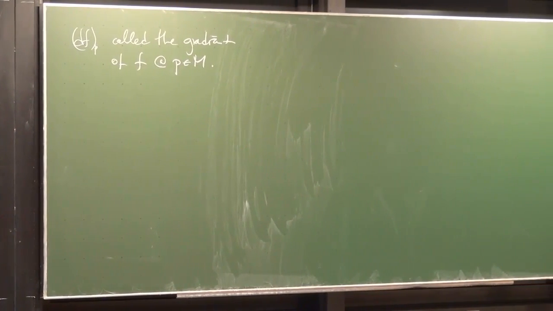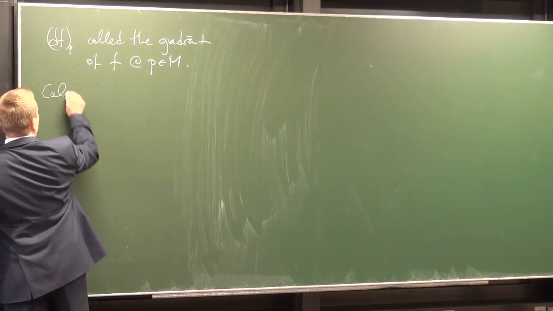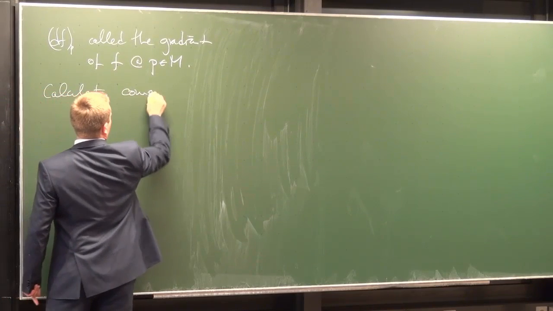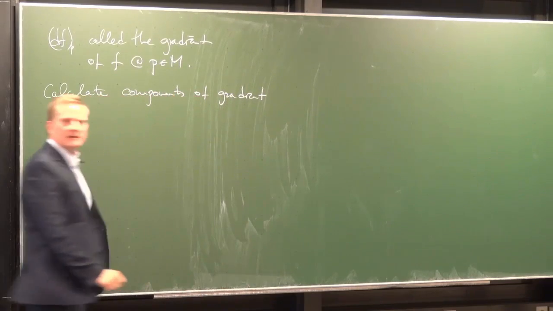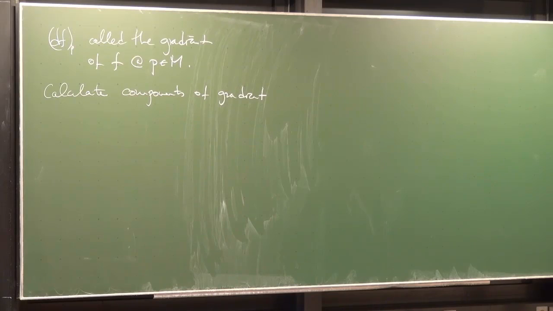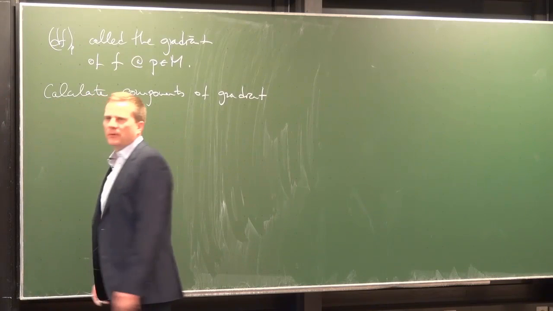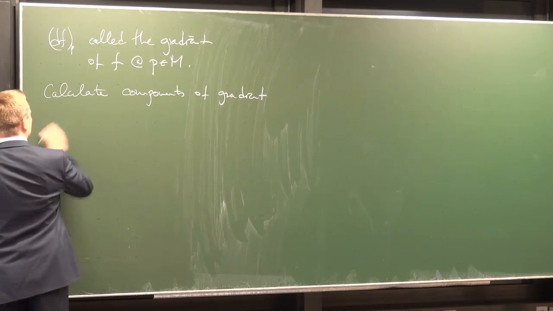Now we can calculate the components of the gradient. And you remember how you get the components of a tensor. It's a 0-1 tensor, right? In our terminology from last time, a 0-1 tensor over the underlying vector space, which happens to be T_pM in this construction. So the gradient is a 0-1 tensor or a covector, and we calculate the components. How do you get the components of a 0-1 tensor?